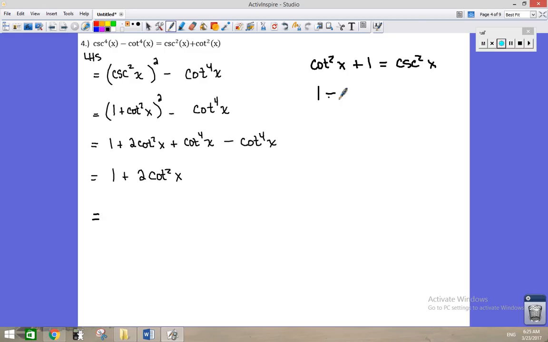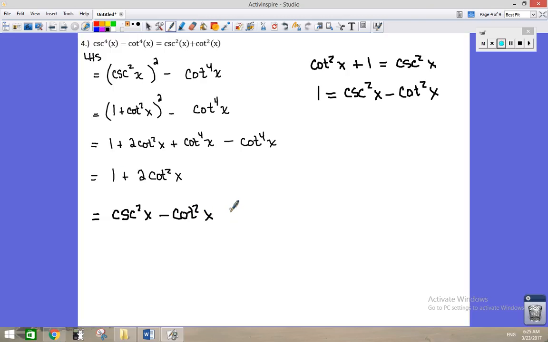Well, we can look at this 1 as cosecant squared of x minus cotangent squared of x from my Pythagorean identity. So this 1, I can replace it with cosecant squared of x minus cotangent squared of x.